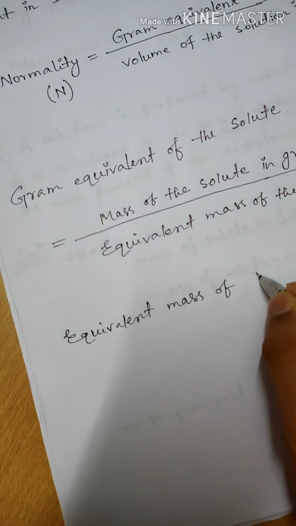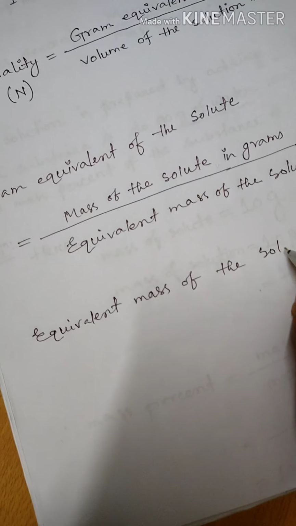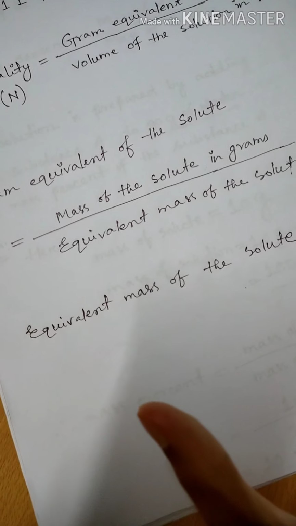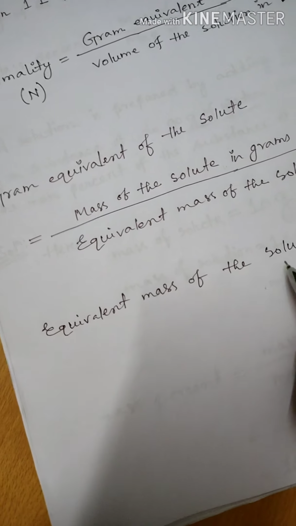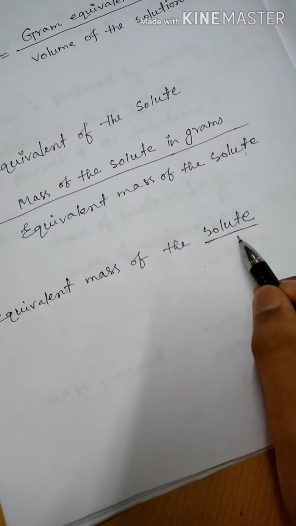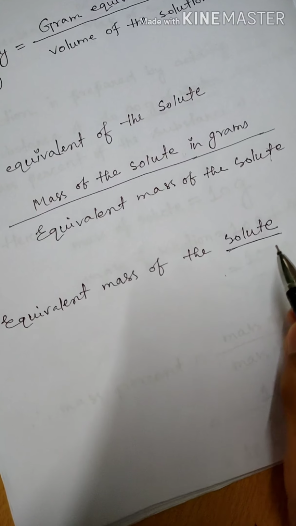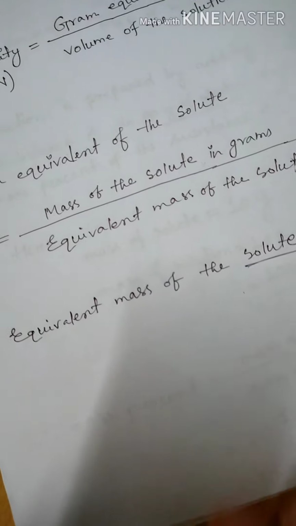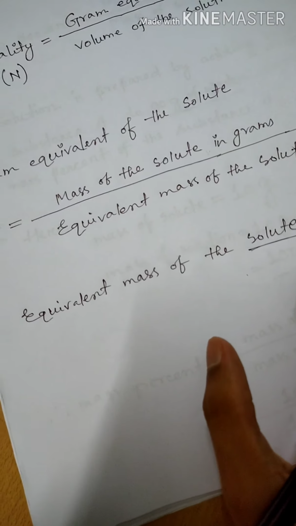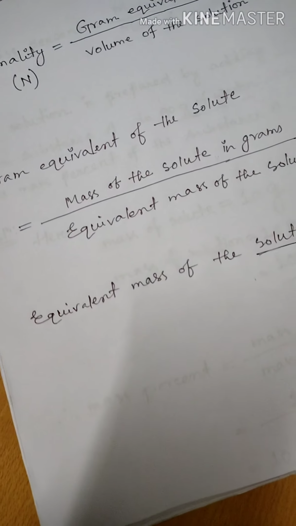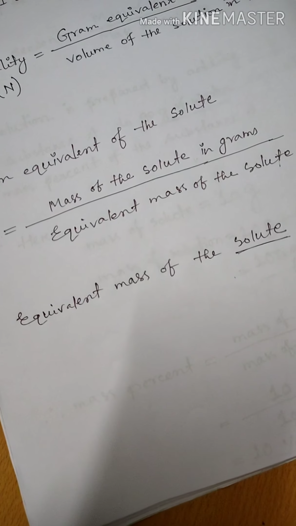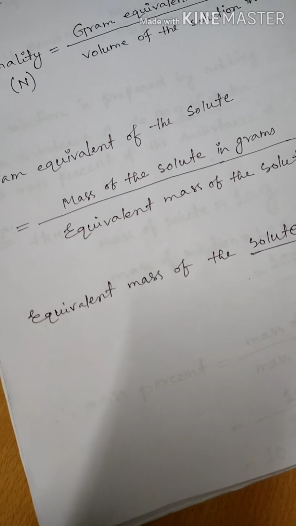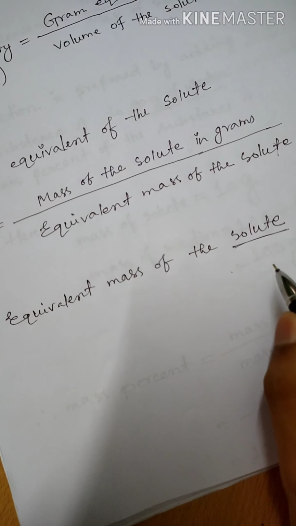Now one thing is that this solute may be an acid, a base, or a salt. Depending upon these three, acid, base and salt, the equivalent mass will be different. So what is the formula for finding the equivalent mass?